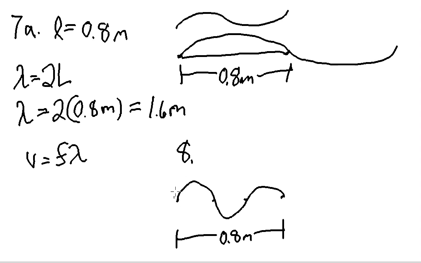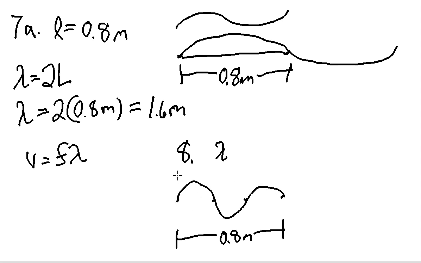What has changed is the number of waves in this distance. So I think it's easy if we break this wave into thirds. So here's 1/3 of it, not the wave, break this length into thirds. Here's 1/3, here's 2/3, here's 3/3. So if we want to know what the wavelength of this new standing wave is, we have to look at, out of all of these parts, how much of them make up the whole wave.